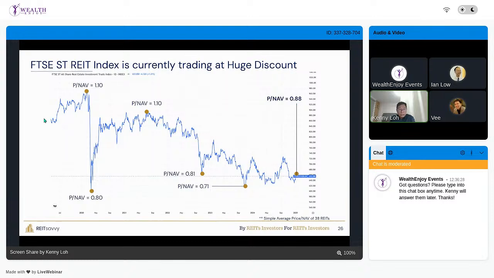Okay, let's look at the historical average. Historically, the REIT sector is trading at a P/NAV of 1.1, right? Before COVID, 1.1, and after the strong COVID rebound, the average is also 1.1. Assuming we are able to go back to the mean, a mean reversion, that would represent a 22% upside to the historical P/NAV based on the current valuation, and also a 6.1% annual dividend yield.